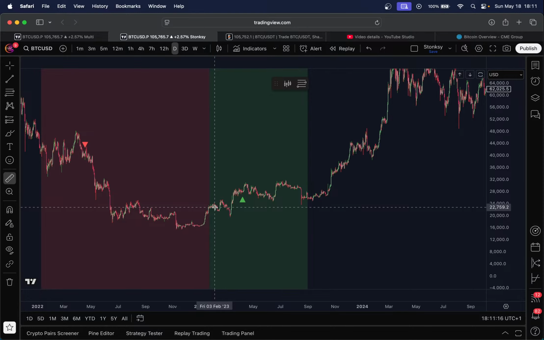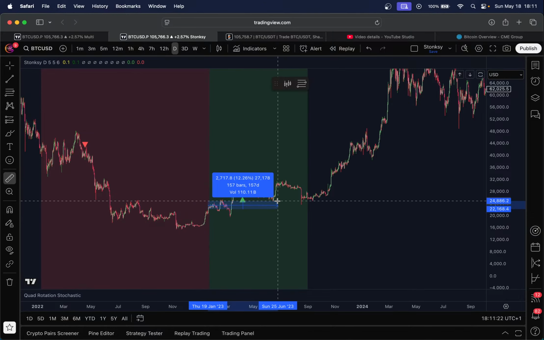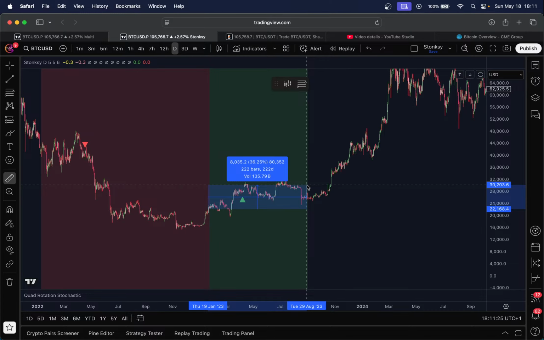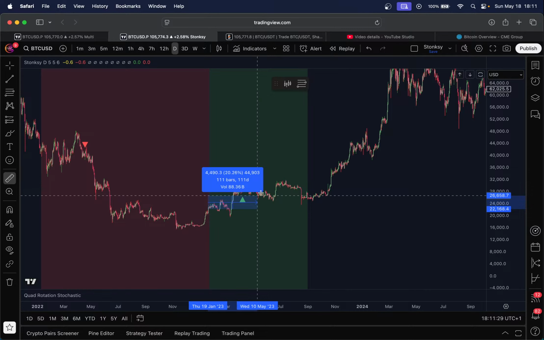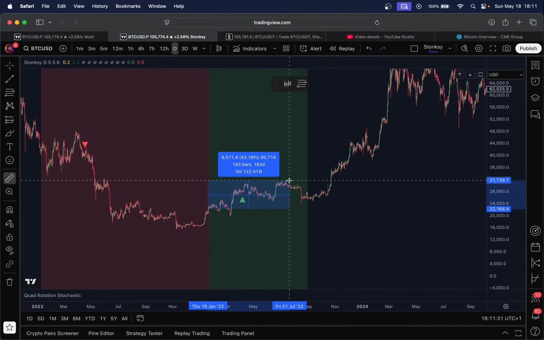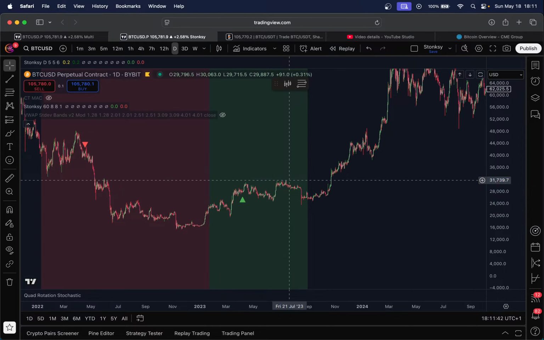Now it didn't go straight up, it did dip a bit here, but that green background lasted for 222 days, and during that period it went up 43%. So that could signify quite a significant move, I think.